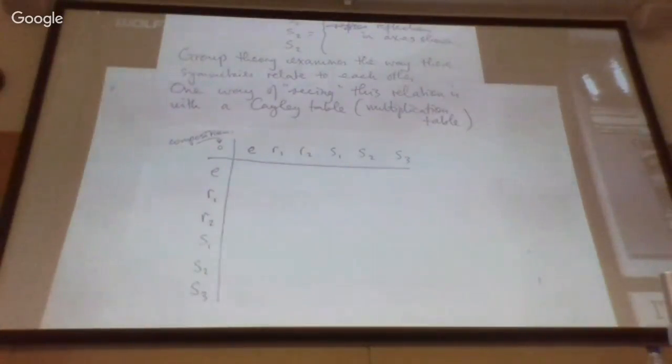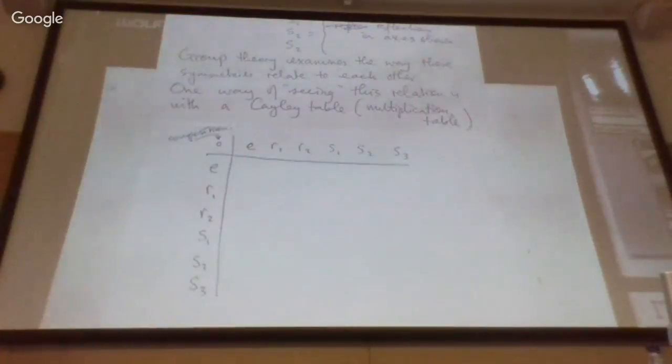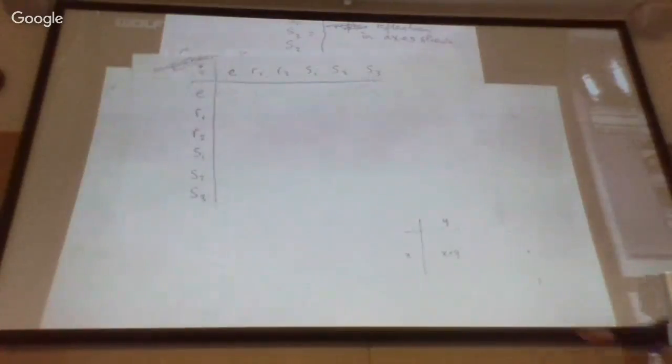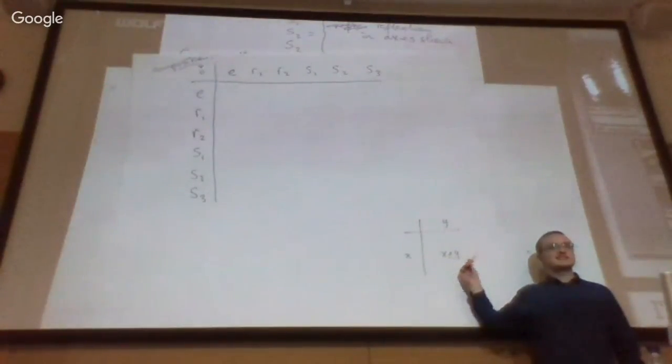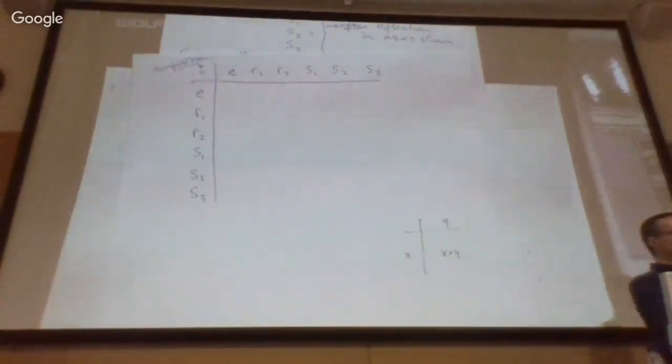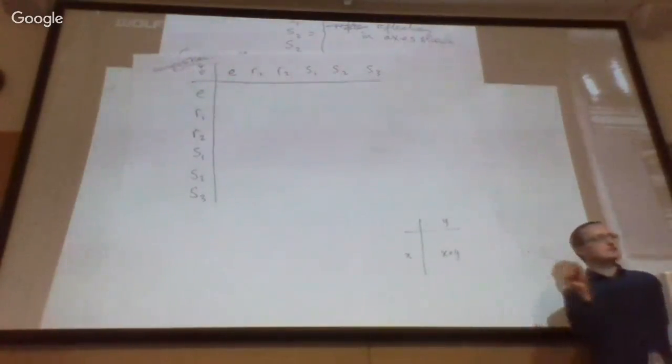So we need an agreement here, and the convention for operation tables is that if you have a row X and column Y, the entry that goes here is X on the left and Y on the right: X, the row heading, on the left and the column heading on the right. That's the convention, and it agrees with the way that matrix indices work.